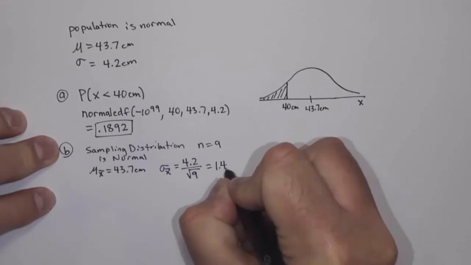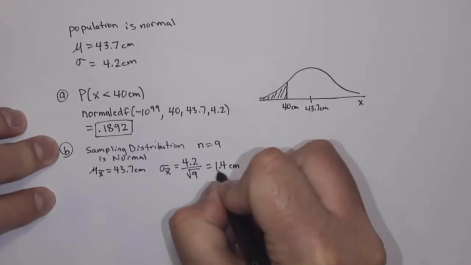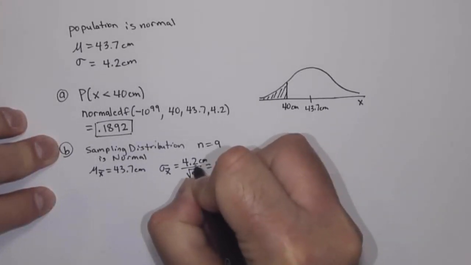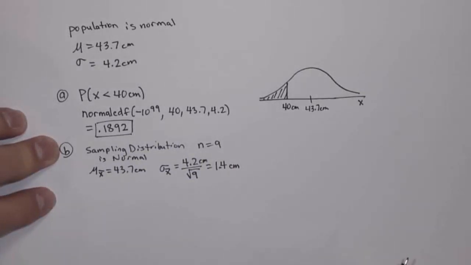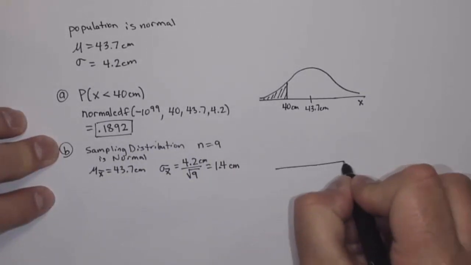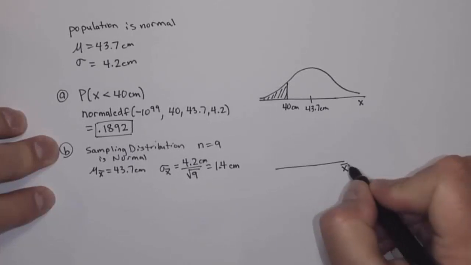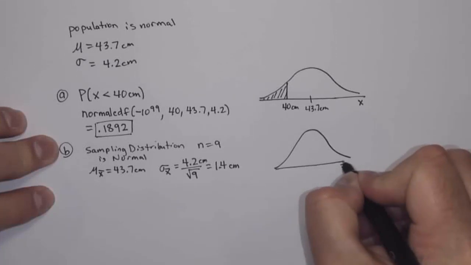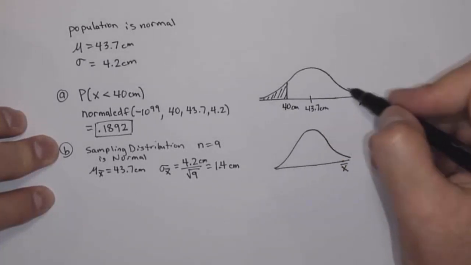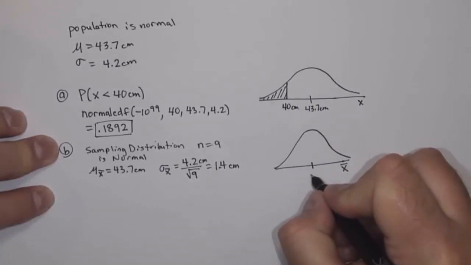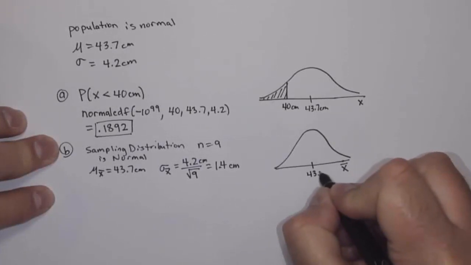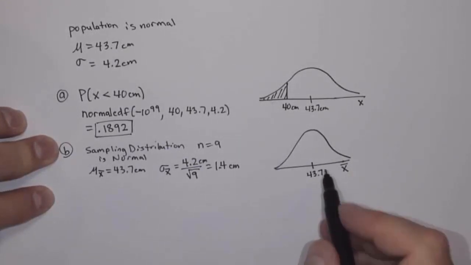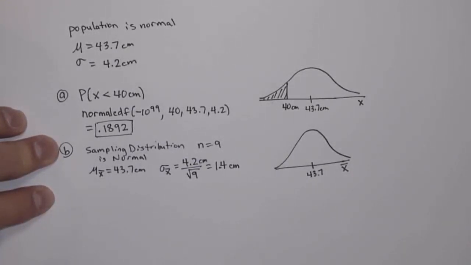So this is 1.4 centimeters. The unit stays centimeters. So I have this sampling distribution of X bar, and it's going to be normal. It's actually going to be taller and skinnier than the population distribution, but the center is still 43.7 because that's the mean of the X bar distribution.